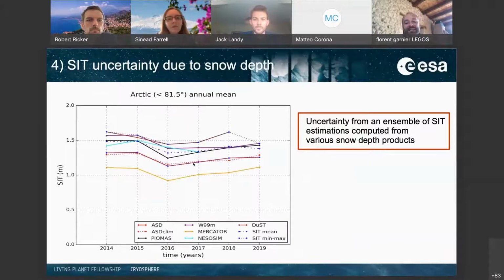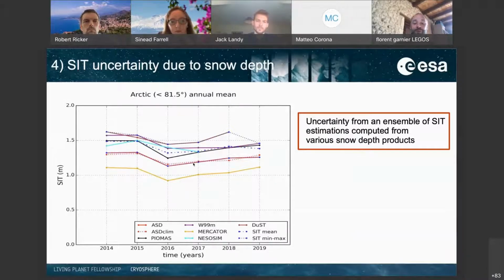Finally, we have investigated the impact of the snow depth on sea ice thickness, or the level of uncertainty of the sea ice thickness, which is due to the snow depth. And the originality of the approach is that we consider the various snow depth solutions as an estimation of the snow depth uncertainty.